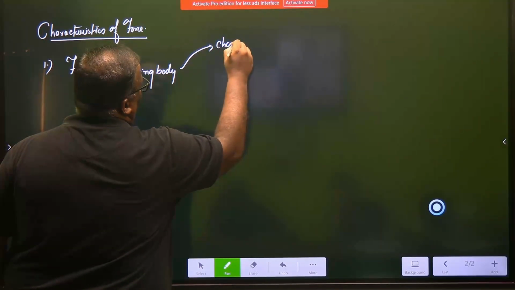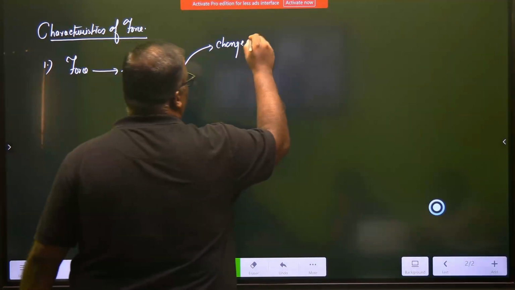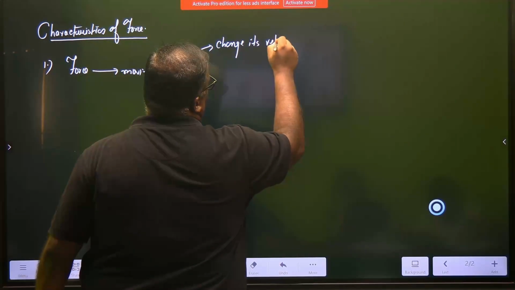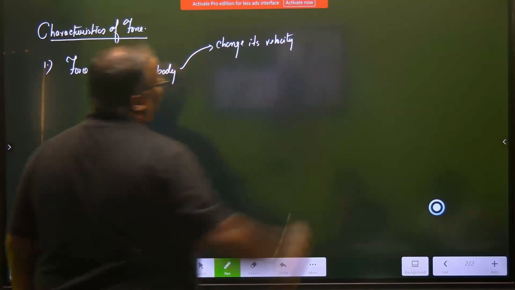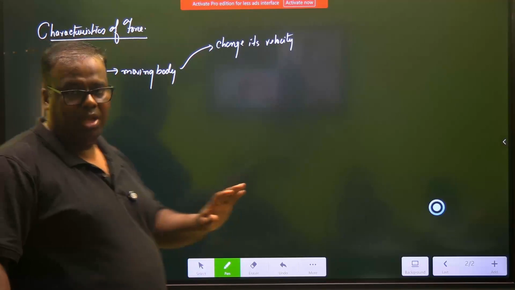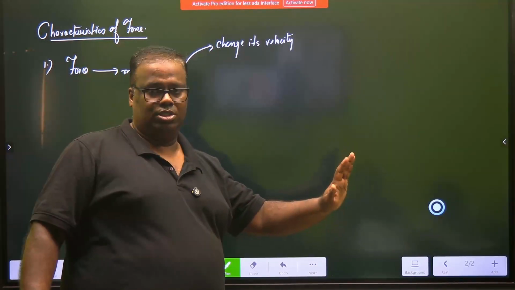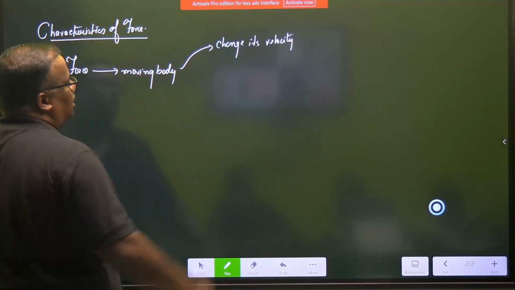Now we are in higher classes, so I won't write so many points. Let's say we can change its velocity, means you can either increase its velocity or decrease it. How can you decrease it? By applying an opposite force. A cyclist is coming towards me, I have applied a force, so the cyclist's velocity can reduce.